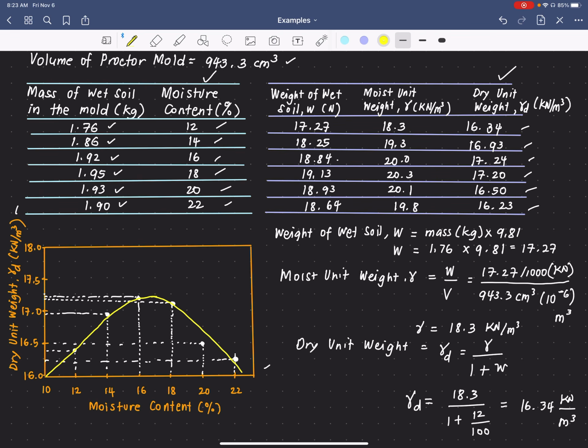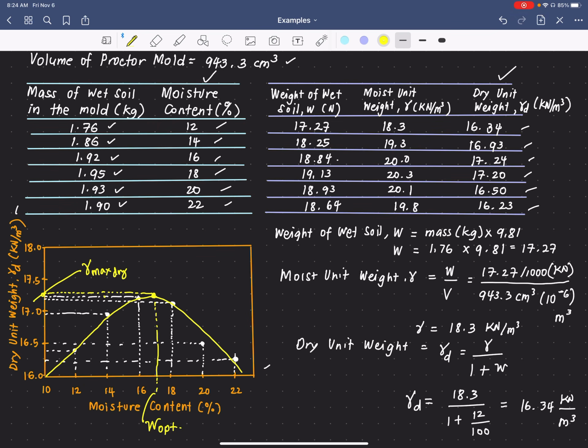Now what we do is to get the highest point here, which is just above the previous one, and extend this to our X and Y axis. Here, this point would be our maximum dry unit weight, and here would be our optimum moisture content.